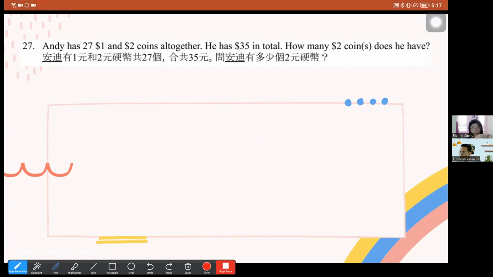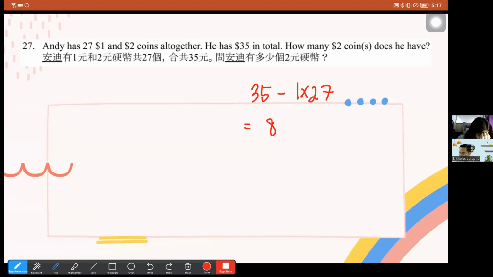Okay, so we can also have that one, but the shortcut here is you have $35 total. So you subtract it with 1 times 27 because you can assume that all the coins he has are $1. So the answer here would be 8.